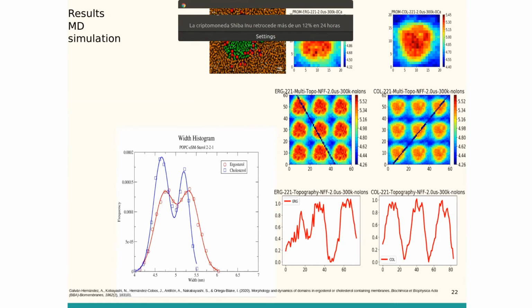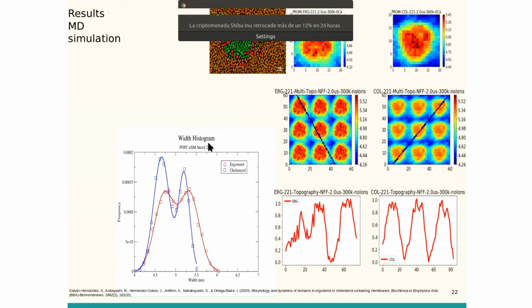This part here is the POPC, the width of the POPC phospholipids in the membrane, this brown part. And then you have a difference in height when you get into the sphingomyelin part. So you get this difference between the blue and red regions, showing that the sphingomyelin domain is more ordered, with a larger width.